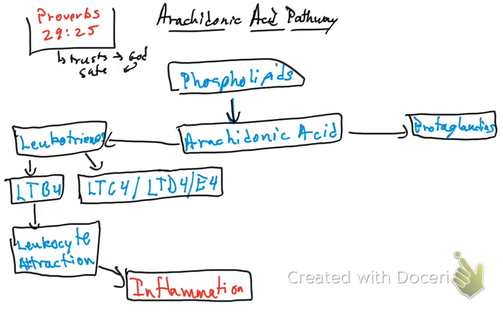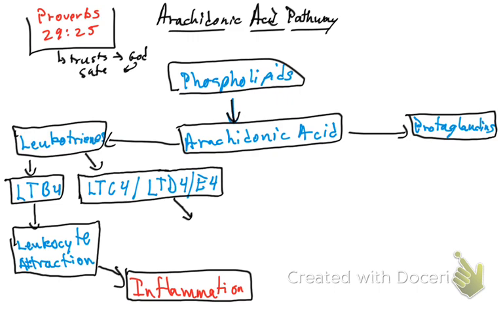What else can cause inflammation? Well, leukotriene C4, D4 and E4 can cause inflammation eventually, but before that, we need to open a new box, and this one is going to cause vascular and other effects.